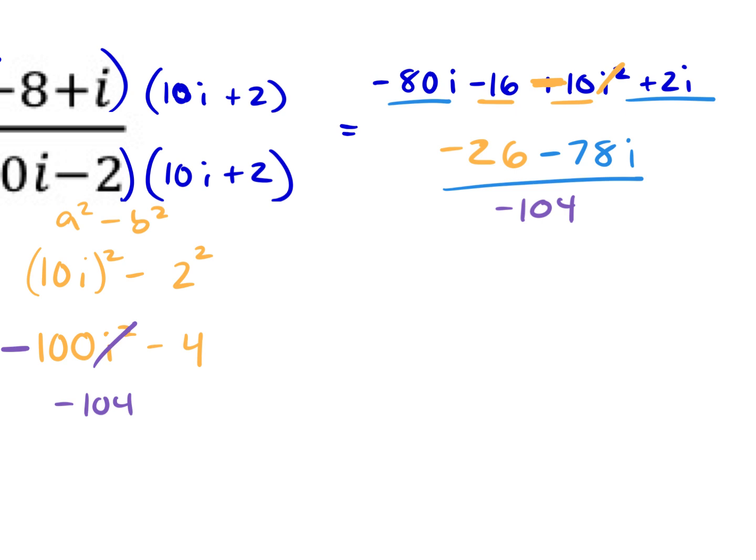Simplify if you can. How can we simplify here? We could divide everything by 2. Anything bigger that goes into all of them?